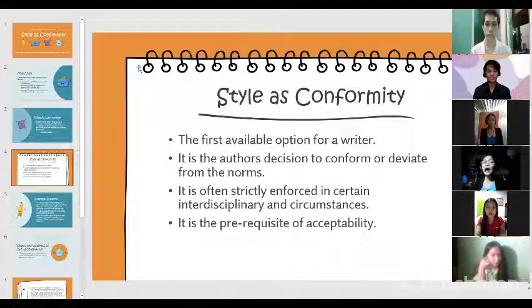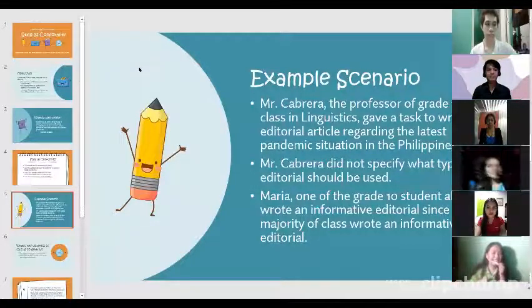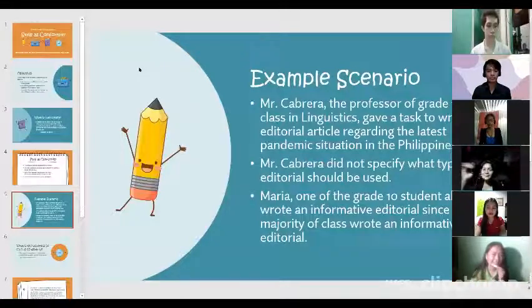For us to better understand the topic style as conformity, we have here an example scenario. There is a grade 10 teacher in linguistics named Mr. Cabrera.